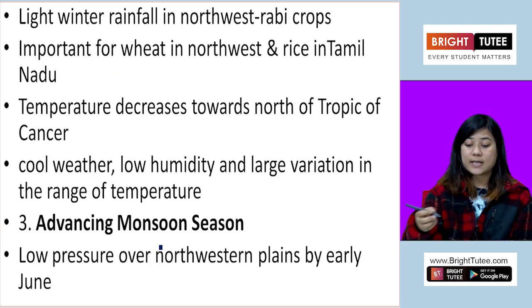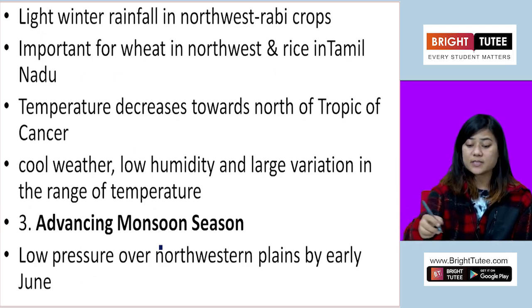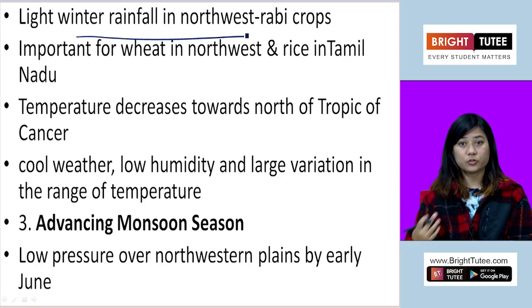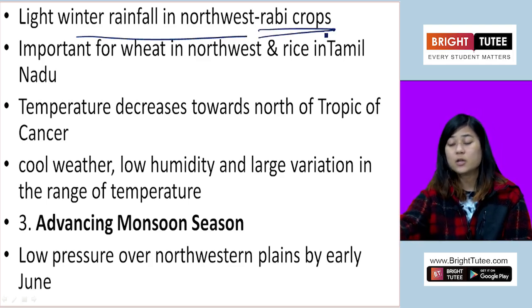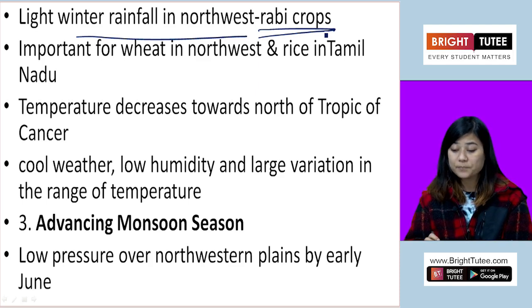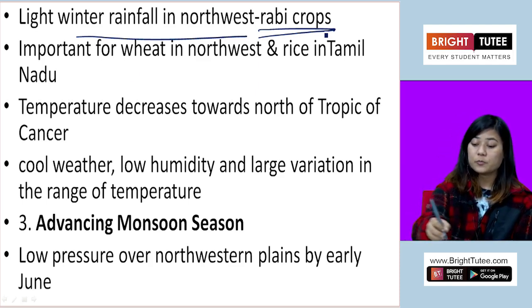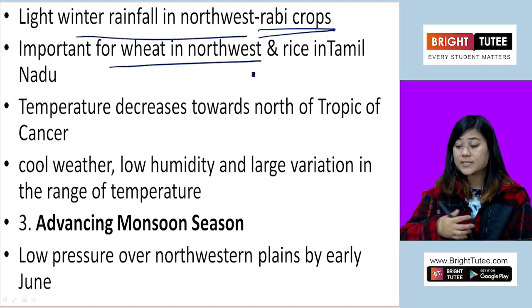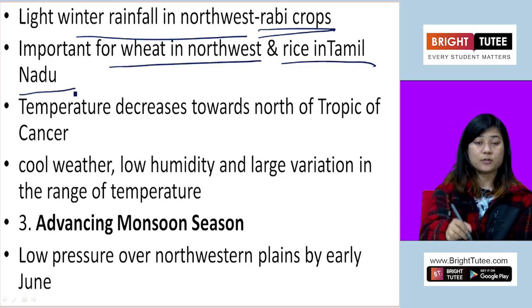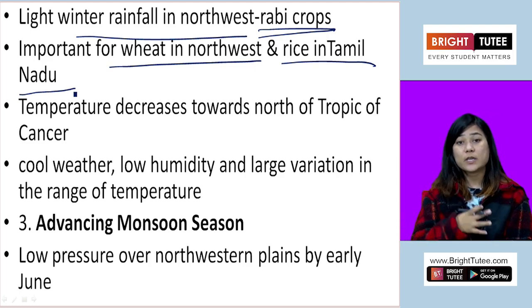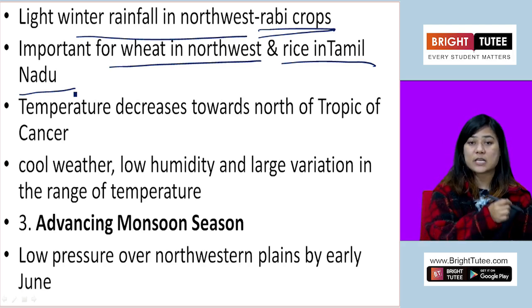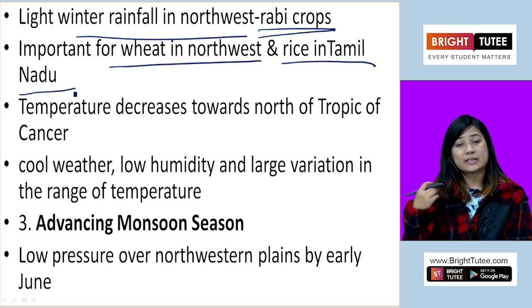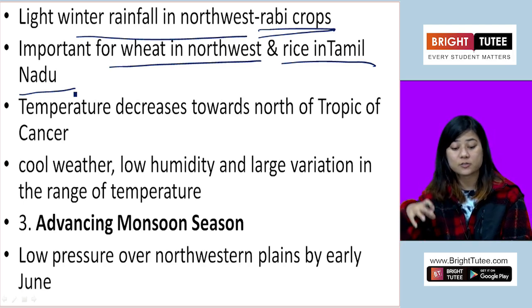The second feature is that during the winter season, there is light rainfall in the northwest, and this is caused by the western disturbances. This rainfall is very important for the rabi crops, and this is important for the wheat cultivation in the northwest and the rice in the state of Tamil Nadu, because we just learned how the northeast monsoon wind goes from land to sea and then again comes back to the land, and when that happens, it also brings rainfall in Tamil Nadu.